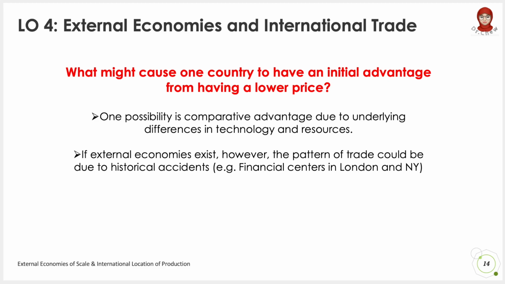Something gives a particular location an initial advantage, or pioneer advantage, in a particular industry, and this advantage gets locked in by external economies of scale even after the situations that created the initial advantage are no longer relevant or available. The financial centers in London and New York are clear examples.